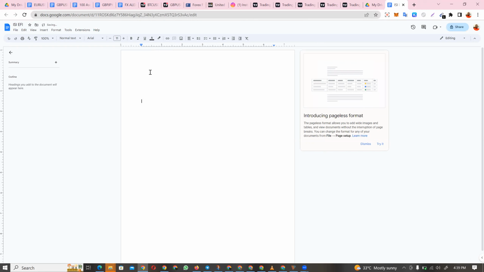You can paste images here. You can do anything here. If you want to do screenshots, for example, you should add this thing that I added here.